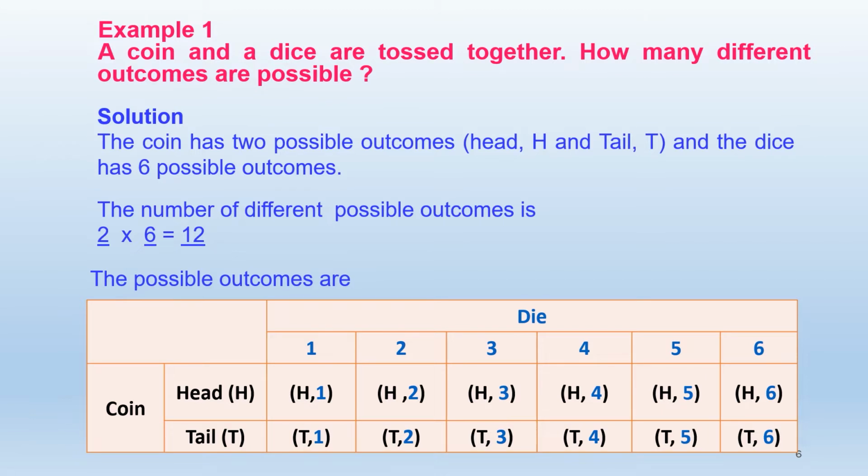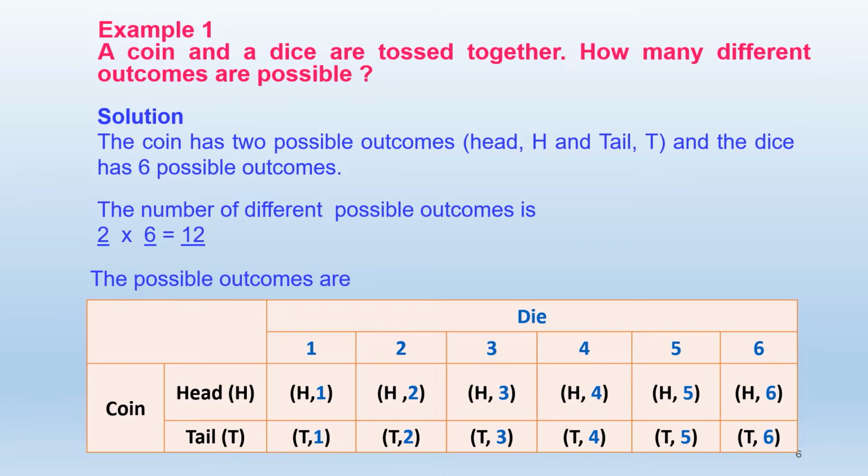So now you can match it, okay? You can map it like 1 to 1. So head 1, head 2, head 3, head 4, head 5, and head 6. So do the tail. Tail 1, tail 2, tail 3, tail 4, tail 5, up until tail 6. So you can count the possible outcome. 1, 2, 3, 4, 5, 6.